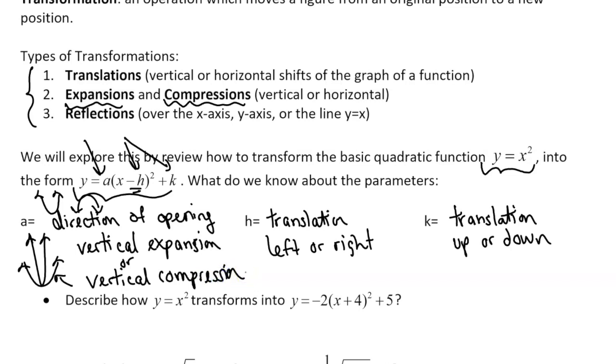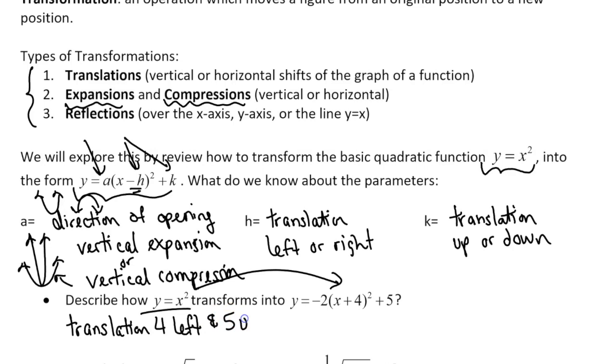Okay, so what do we remember? If we have an example like y equals x squared and we transform it into y equals negative 2 (x plus 4) squared plus 5, we can now say this. We have a translation 4 left and 5 up.